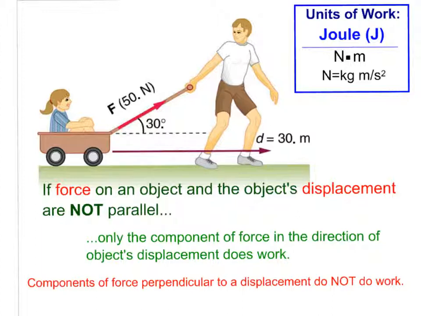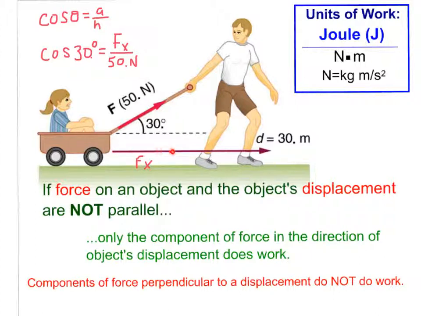Since only the component of the force in the direction of the object's displacement does work, only the component of this force in the x direction will be part of our work equation. So let's solve this little problem. How much work is being done in this situation?